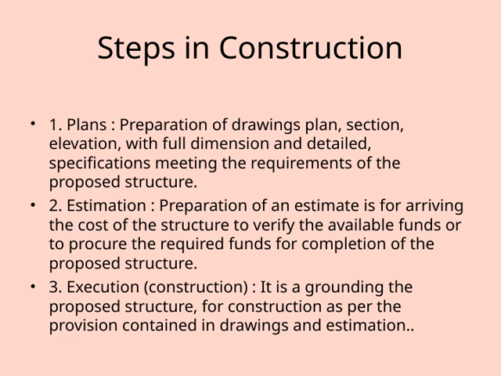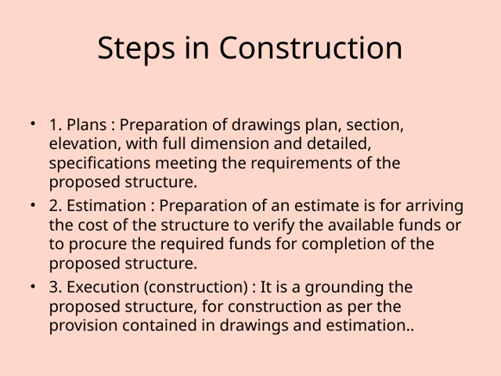Next comes estimation. This step is about calculating the overall cost of the structure. It's crucial because it helps us verify if the available funds are sufficient or if we need to secure additional financing before moving forward. Accurate estimation ensures the project stays within budget and helps avoid surprises down the line.